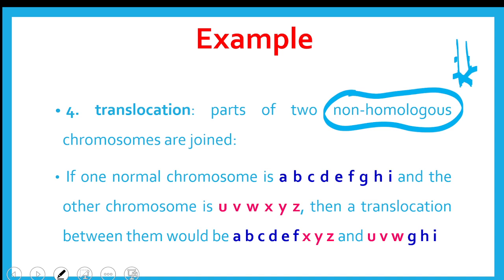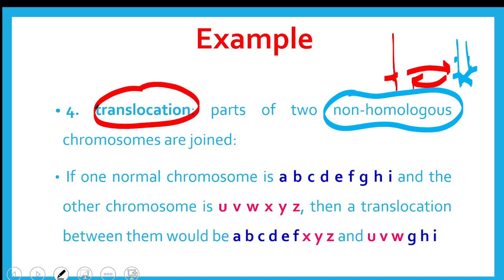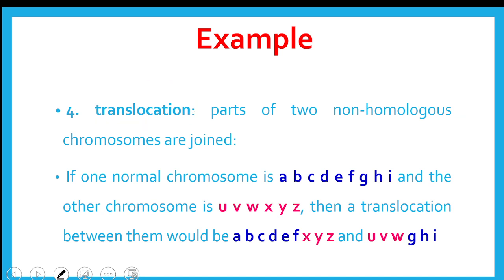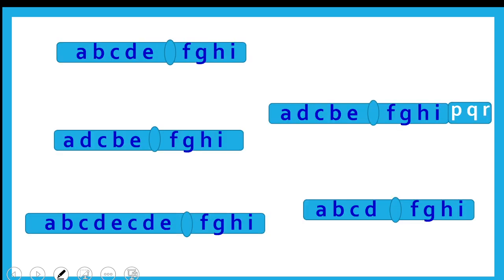But when one part of this chromosome breaks here and is exchanged with the other non-homologous chromosome, we call it translocation. This is one chromosome, this is another, and there is an exchange of segments between them, resulting in a structural change called translocation.